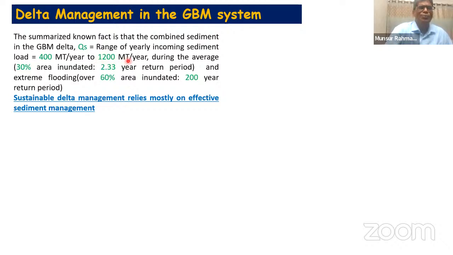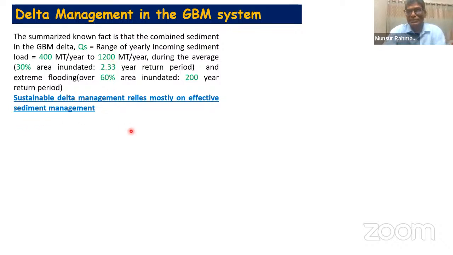So the idea is that the amount of sediment that we are receiving in the system ranges between these two values. In between we have different values, but these are the average value and the extreme value. Now the amount of sediment reaching the system is very important for effective delta management.